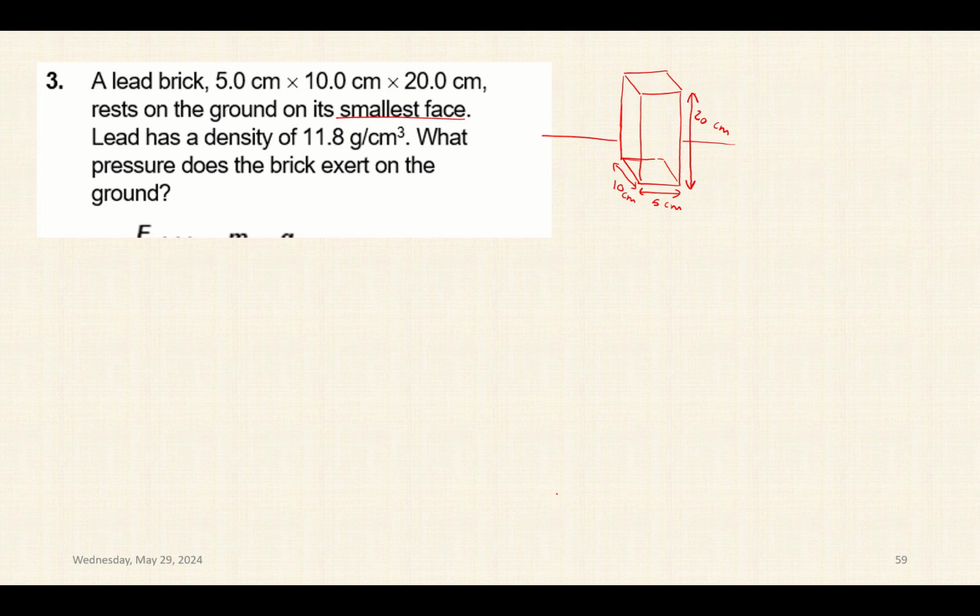Given in the question are the dimensions and the density. Now the density is the mass of the material divided by its volume. Here, the density is given in grams per centimeter cubed.